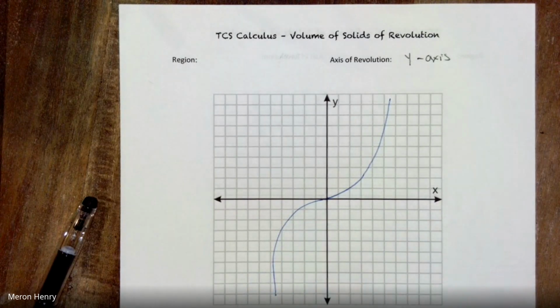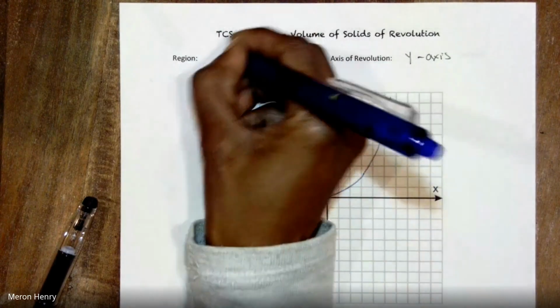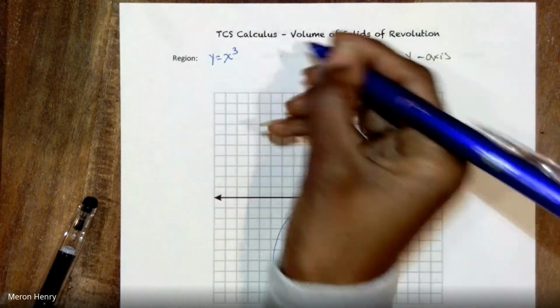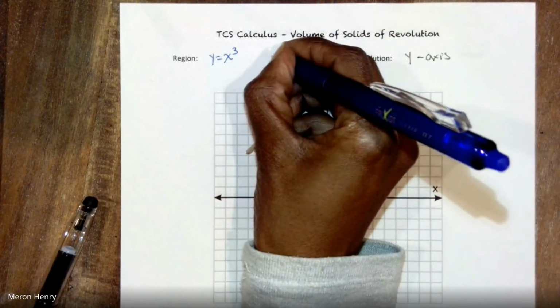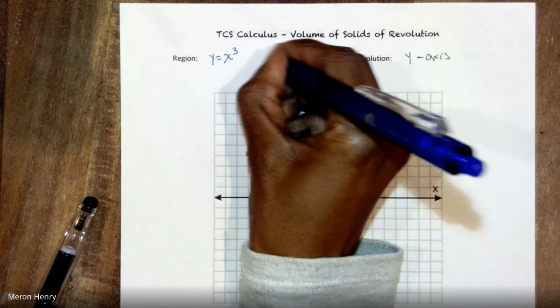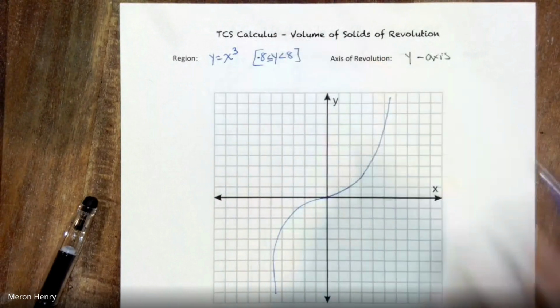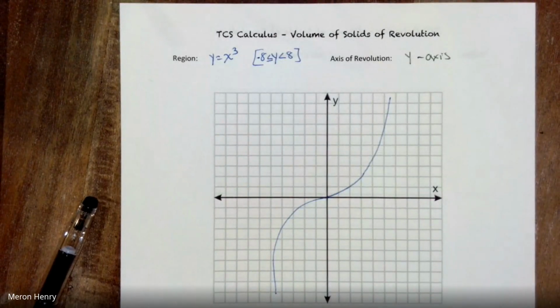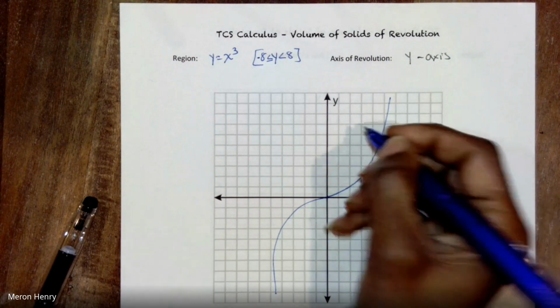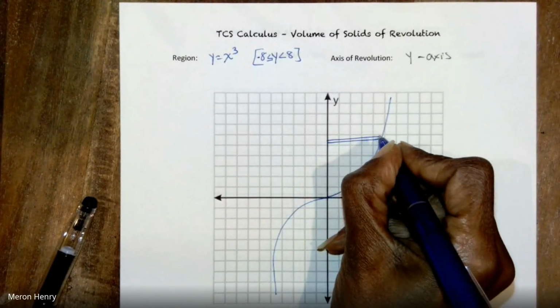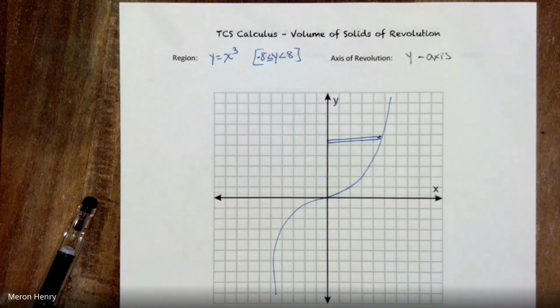Something like this, right? So if y equals x cubed, and you're asked to find the volume within the region of y equal to -8 and 8. All right. So you know that your disks are going to be something like this.